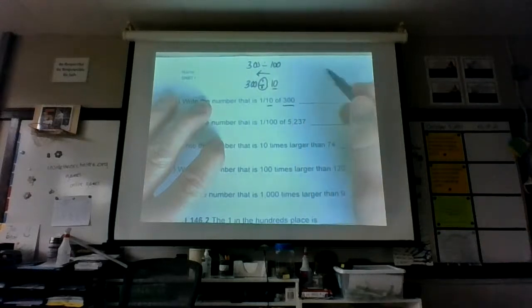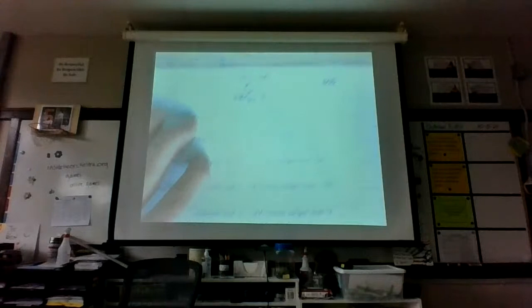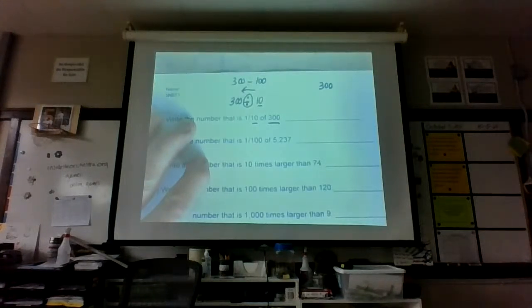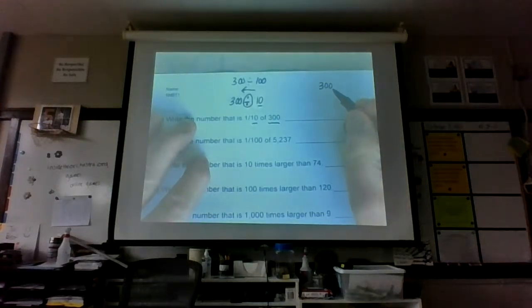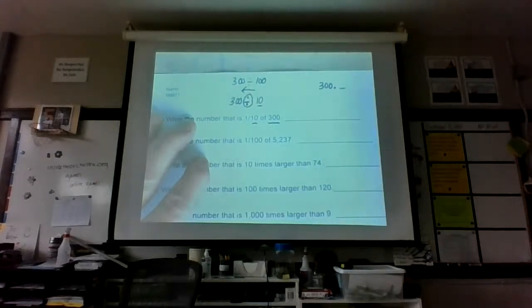Okay, so if I have the number 300 and there's not a decimal point written down, where is the decimal point? Nowhere. It's behind the ones, right? If you look up at the chart on the wall, the decimal point becomes between the ones and the tenths. So in the number 300, we don't put a decimal point because we don't have any digits behind it, but we know that the decimal point goes behind the ones.